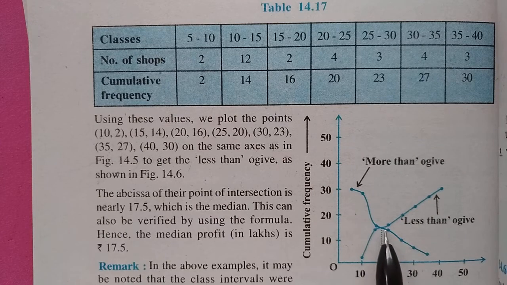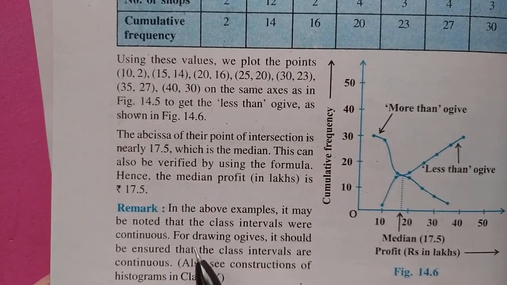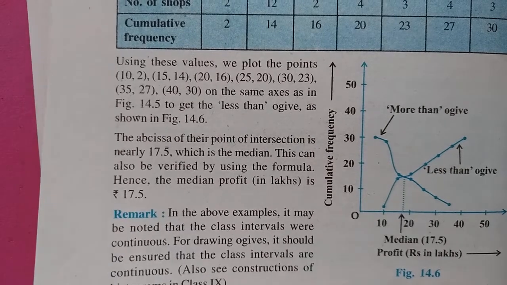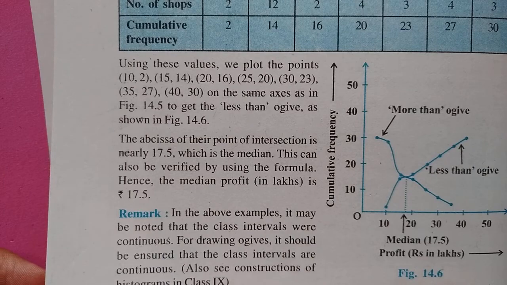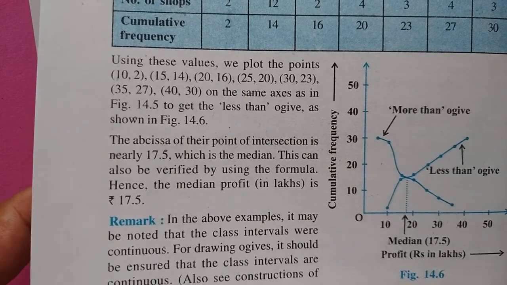Both these graphs intersect here, and that intersecting point is the median, 17.5, children. Now here one remark is given that the classes should be continuous. If they are not continuous, in question number 4 we made them continuous classes, children.